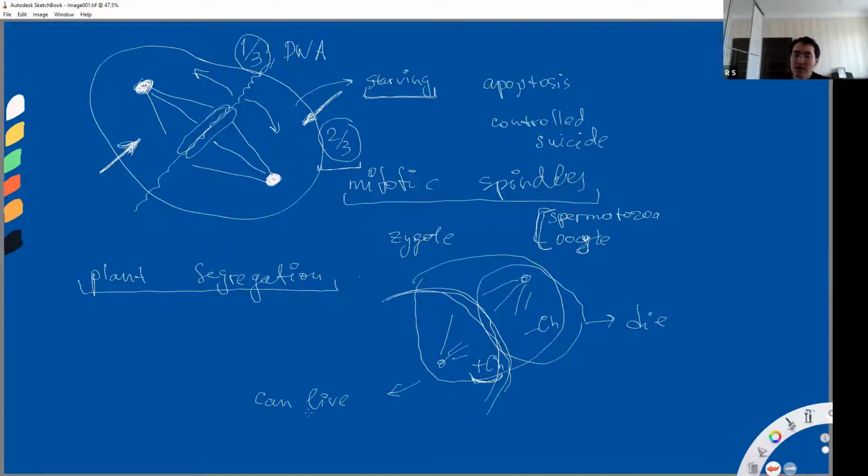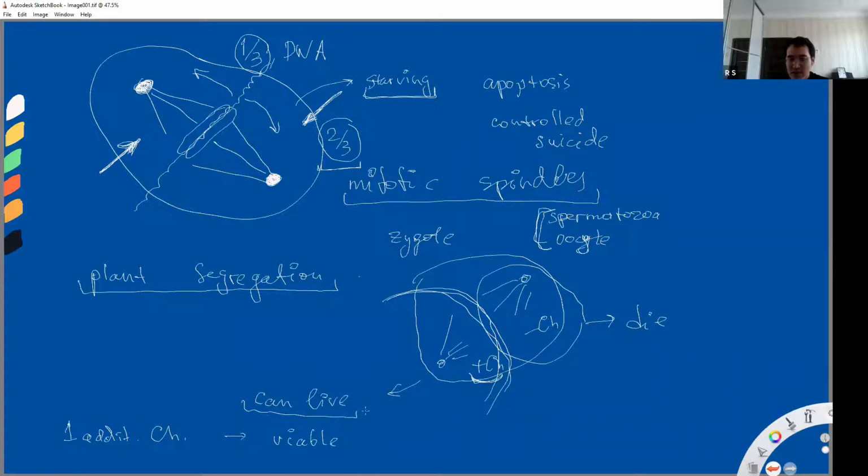Okay. And in this case, in the adult organism, whenever we have a fusion of spermatozoid and oocyte, we will have one additional chromosome, and this cell will be viable, which means it can live.